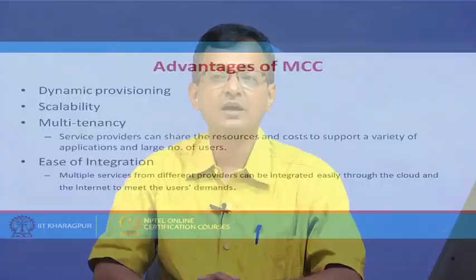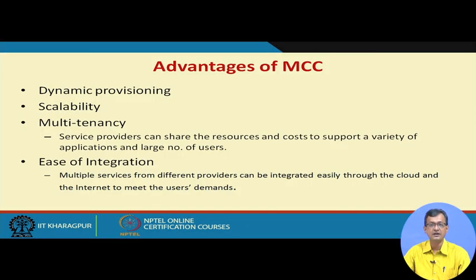So, there are other advantages like dynamic provisioning. I can dynamically provision things, and scalability, as whatever is provided by the cloud is of infinite scalability. Multi-tenancy, like service providers can share the resources and cost to support a variety of applications and a large number of users, as there is a property of the cloud of multi-tenancy.